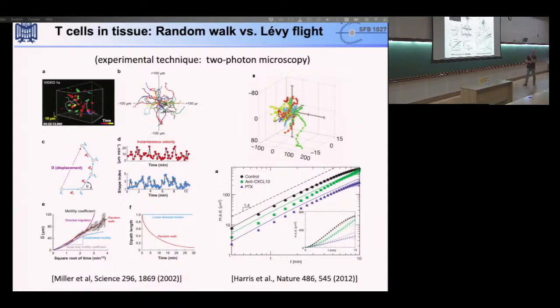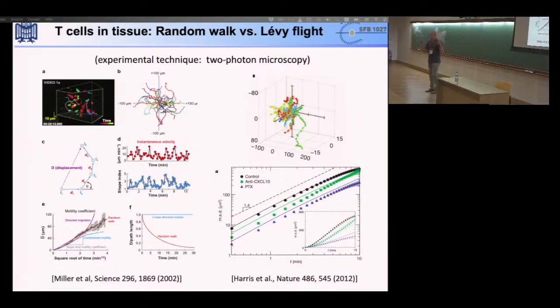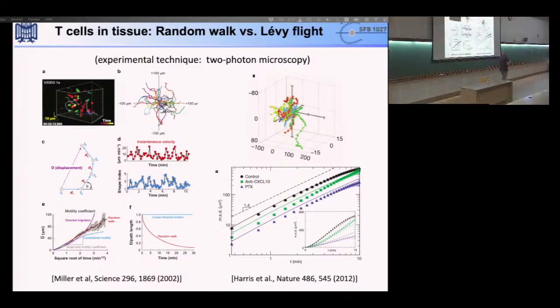But I think that this question, although these papers have been published highly, is not at the heart, at the focus of the problem. We will see later, the search process is influenced by many things, also by bystander cells and things like this.